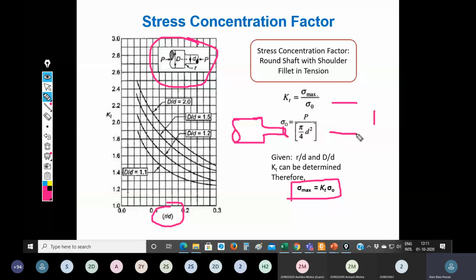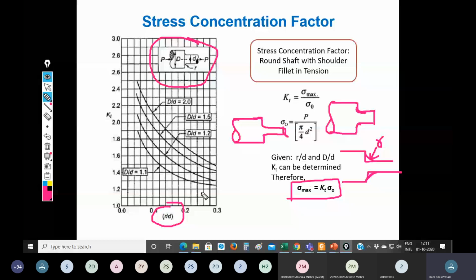You don't turn it at a right angle, you make a radius, and then you turn it. So this is known as fillet radius. Instead of machining it at 90 degrees, you make a fillet radius here, so that it is smooth, right? And that radius is known as fillet radius, and it is represented by small r.